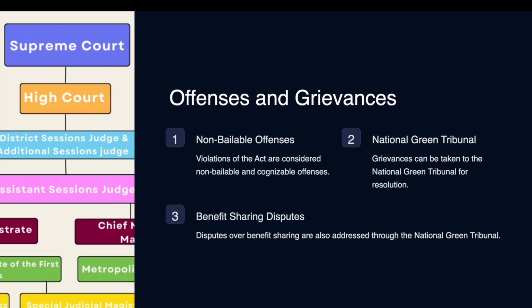Anything which is a violation of environmental laws is heard in the National Green Tribunal, for a fast-track process and also for having experts on the bench. The structure of the NGT is such that it inculcates expertise as well. We will read about the NGT in the coming lectures. Also, it talks about benefit sharing disputes. Disputes over benefit sharing are also addressed through the National Green Tribunal.